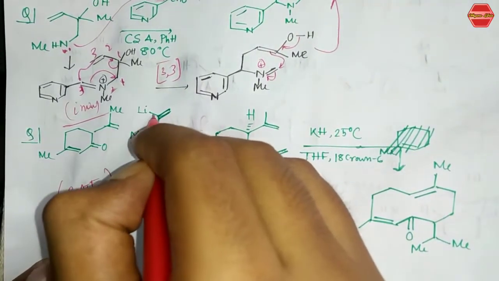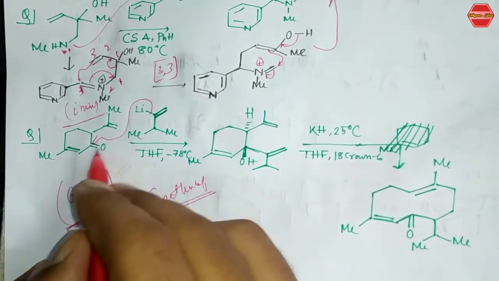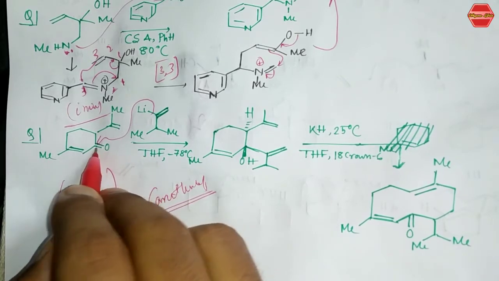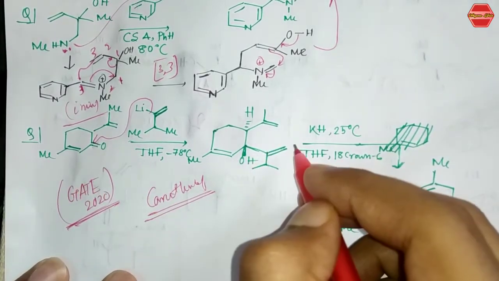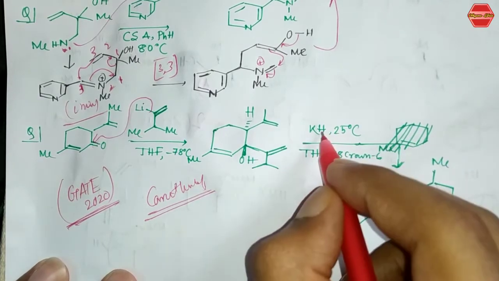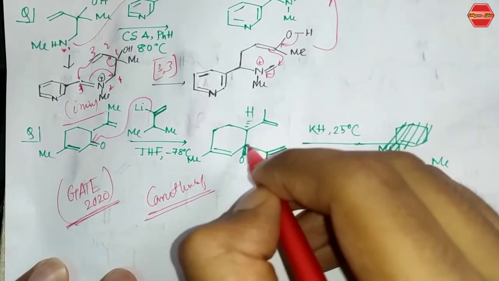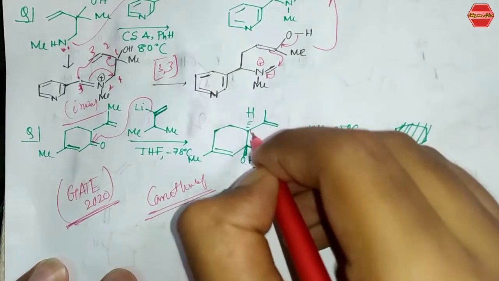Now see the mechanism. This will attack over here with a base, they have given this Li, and you know that there is an attack over here, so you get this kind of intermediate. Now they have given KH, and we all know KH takes a proton from here, it will be O minus, and they have given this 1, 2, 3, and you can write 1, 2, 3.